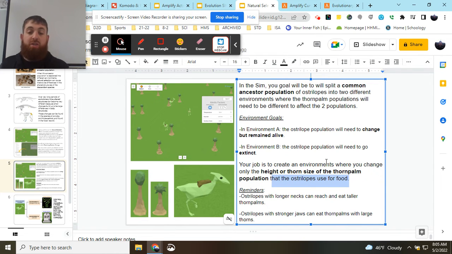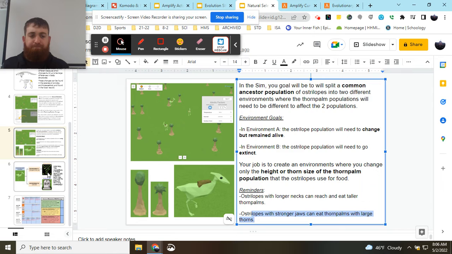So you're only changing the thorn palms to cause them in environment A to change and environment B to go extinct. So remember, our Australopes with long necks can reach and eat taller thorn palms, and our Australopes with stronger jaws can eat thorn palms with larger thorns.